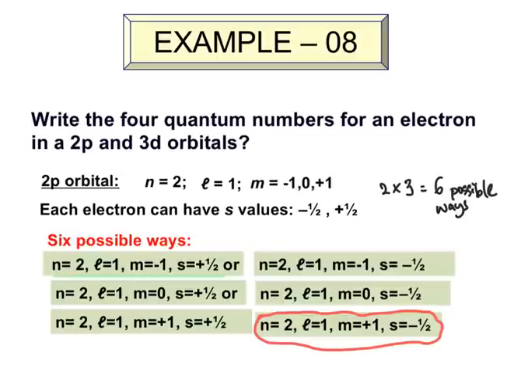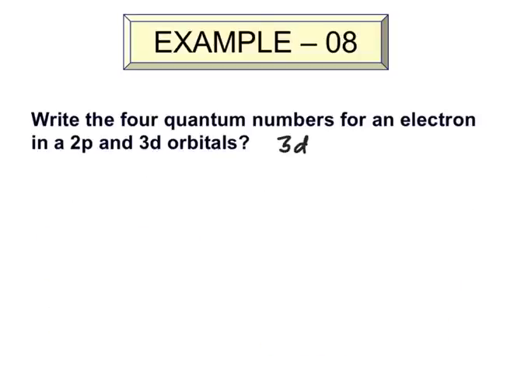Let's continue. Determine the four quantum numbers for an electron in 3d orbitals. The principal quantum number and azimuthal quantum number for 3d orbital are 3 and 2 respectively. When azimuthal quantum number is 2, the possible magnetic quantum numbers are negative 2, negative 1, 0, positive 1 and positive 2.